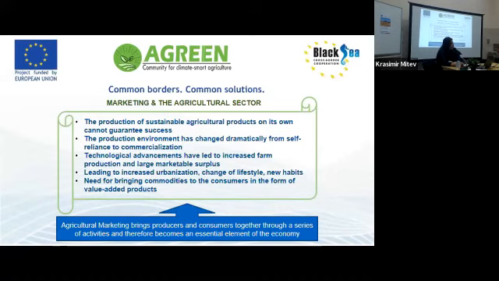There have been many technological advancements that have led to increased farm production and large marketable surplus. So therefore, you need marketing to make the surplus available and sell it, leading to increased urbanization, change of lifestyle, new habits, and of course, there is the need for bringing commodities to consumers in the form of value-added products.